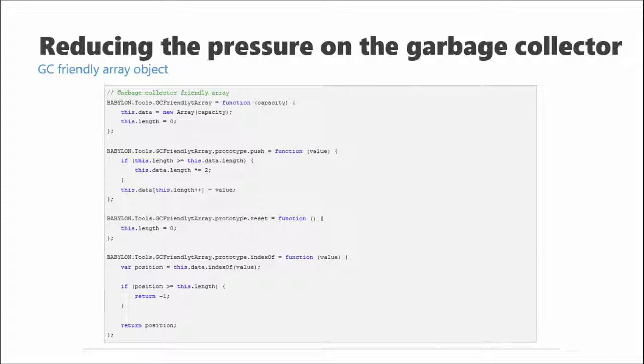There is no other option in JavaScript. So each time I needed an array, I had to create a new one, fill it, and just throw it away and let the garbage collector work with that. Right now, I can reuse my array, my memory, and I just have to say length is equal to 0. I control that, and I can reuse my memory. It's just about reusing memory.